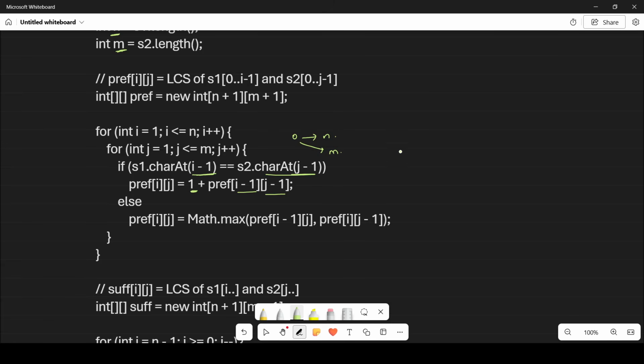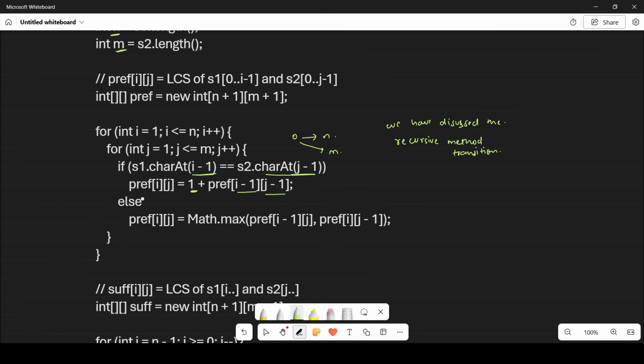In the transition diagram, we have discussed the recursive method transition, but this is a tabulation method. So the plus 1 is replaced by minus 1 in this tabulation method and nothing else.